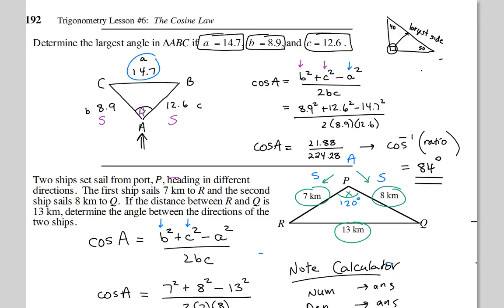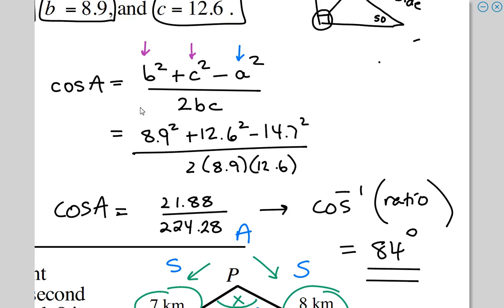Any questions before I let you go into the homework? You could go to number 7 in your homework. Everybody just do 7 right now before the bell rings.